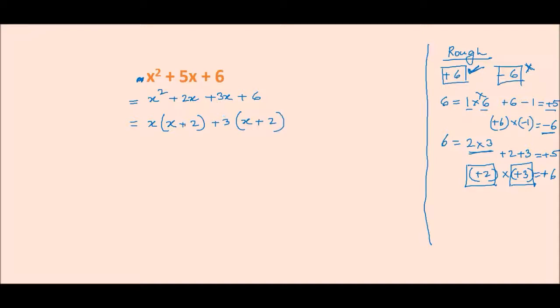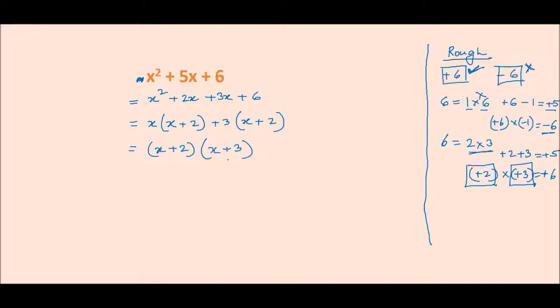You have to take out the common factors in such a way that we get the same terms within the two brackets, so that we can take this bracketed part as the common factor. So we take this bracketed part as the common factor between these two terms, and from this part we have x, and from this part we have a plus 3.